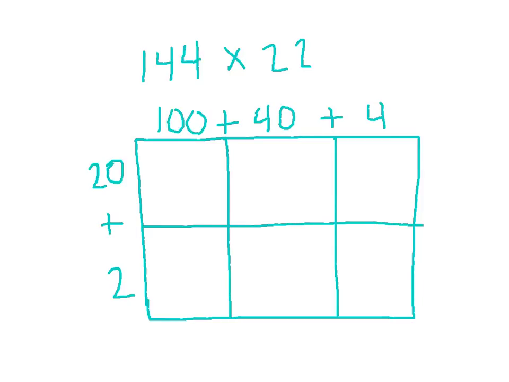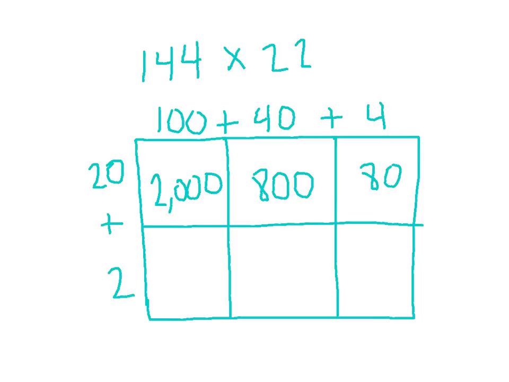Again, we're going to take this one, and we're going to go straight across, and every time it meets something, that's when we're going to multiply. Okay. So first one's 20 times 100. So you get those 3 zeros and 2,000. 40 times 20, so we have 4 times 2 is 8, and then we have 2 zeros, 800. And then 4 times 2 is 8, and then with 1 zero, 80.